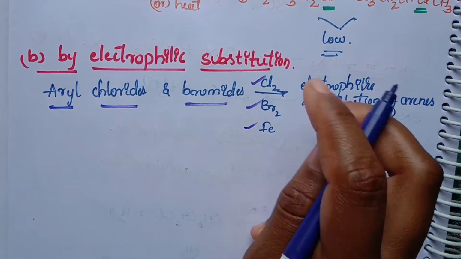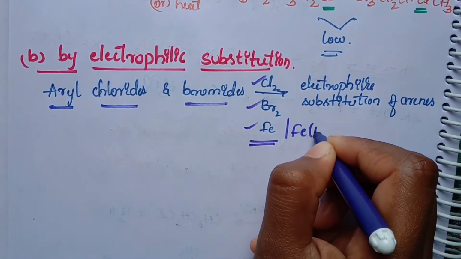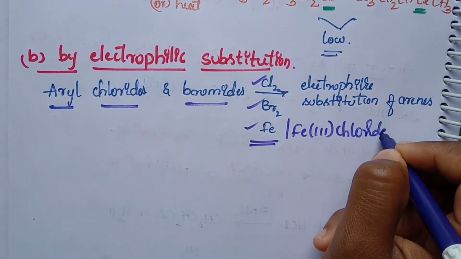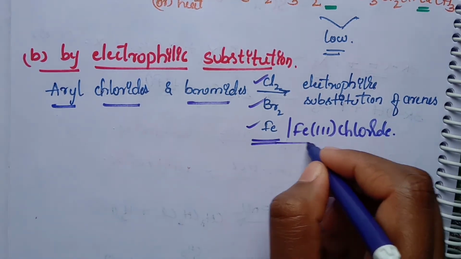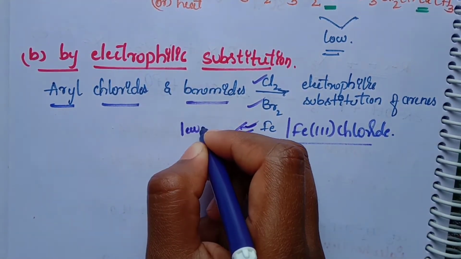I will show you through the reaction. Here the catalyst used is either iron or iron(III) chloride. This iron(III) chloride is a Lewis acid.